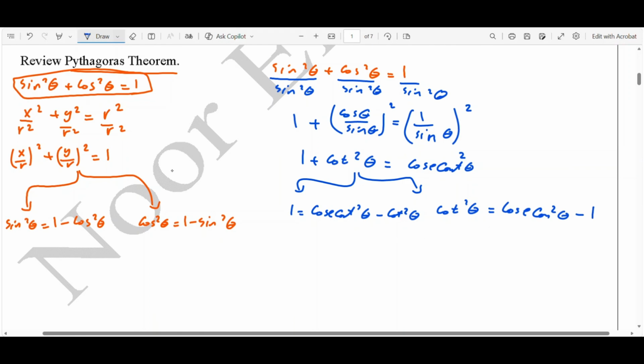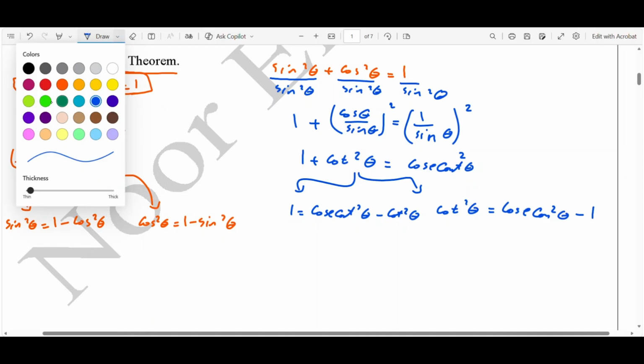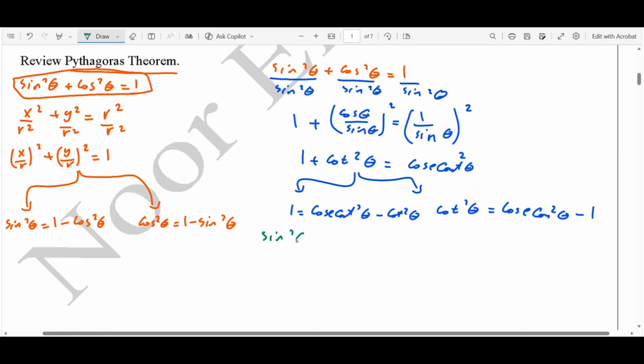Let's go back to sine squared theta plus cosine squared theta equals 1. I'm going to divide each term by cosine squared theta.